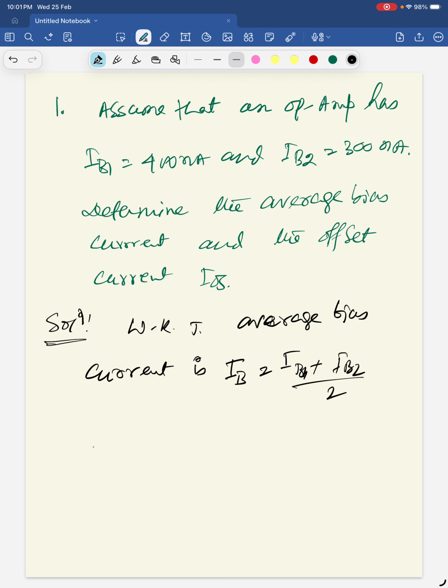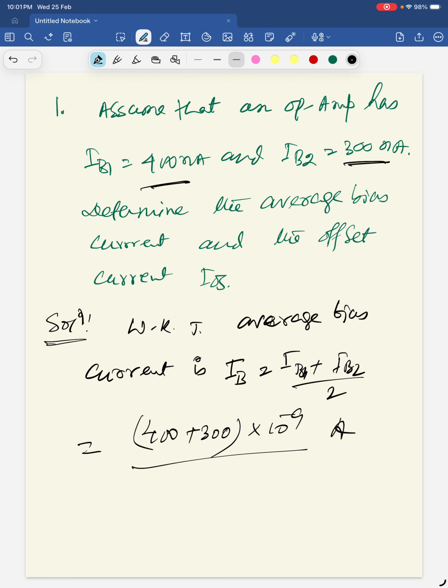So now it's very simple. IB1 given 400 and IB2 given 300 nanoampere. So simply put 400 plus 300 into 10 to the power minus 9 ampere divided by 2. So that will give you 350 nanoampere.